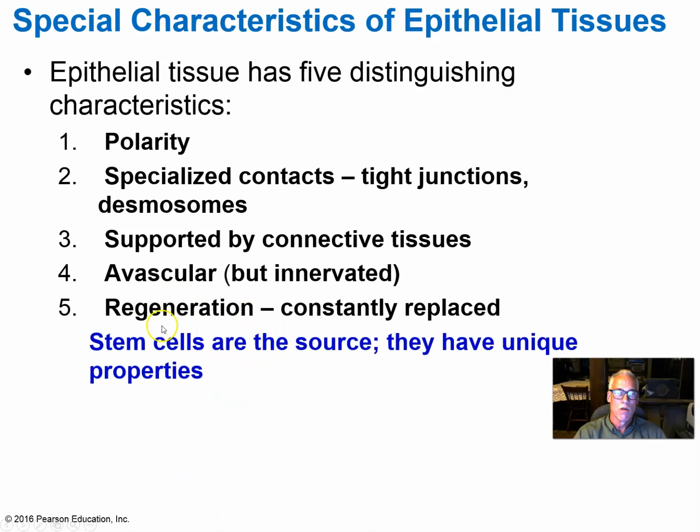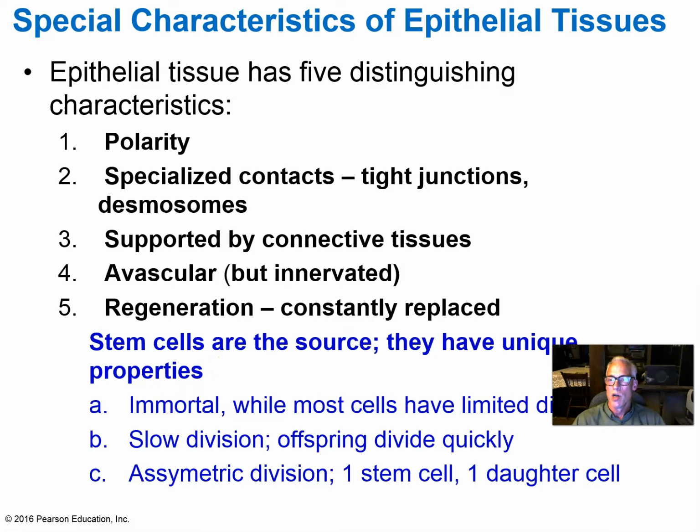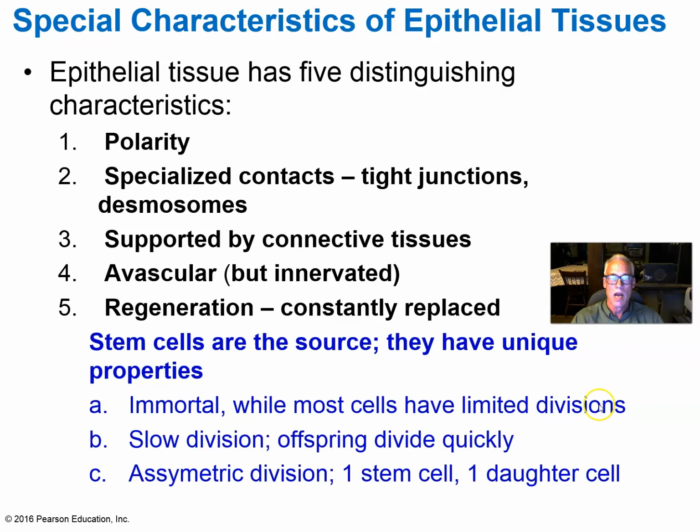The origin of all those cells of an epithelium are stem cells that lie in and among the rank and file cells of the epithelium. Stem cells are some very specialized cells that have some unique properties that allow them to fill this role. One is that they're immortal. Most of the cells in our bodies can only divide so many times before they age out, essentially become senescent.